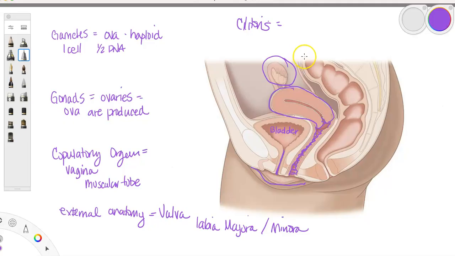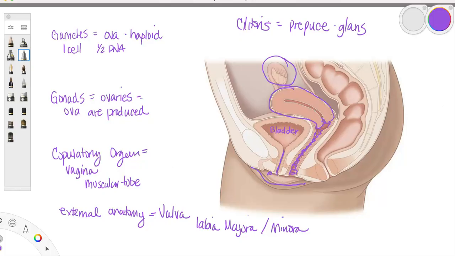I don't have a picture of the external genitalia at the moment, but the clitoris is a structure that has no baby-making function other than to allow for the act of sexual intercourse to be pleasurable. Okay, so the clitoris has a prepuce on it, or a glans, which is also very sensitive. So that is, of course, down in here.